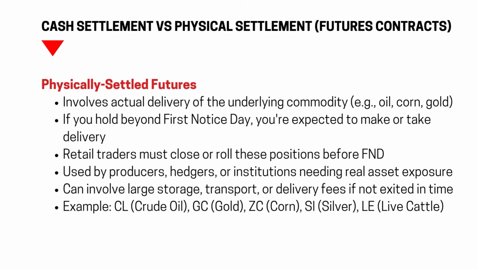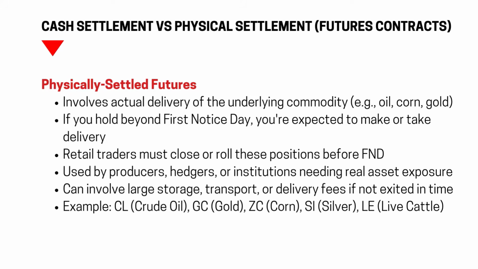Now going back to physically settled futures, as we know, that involves actual delivery of the underlying commodity, for example oil, corn, gold. If you hold beyond the first notice day, you're expected to make or take delivery. So it's really important for retail traders to close out or roll these positions before the FND.